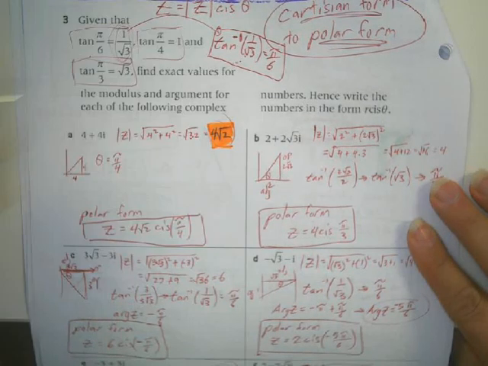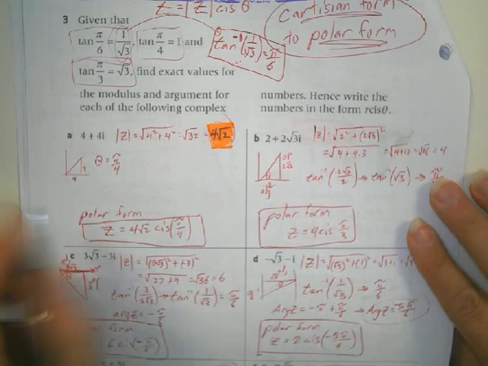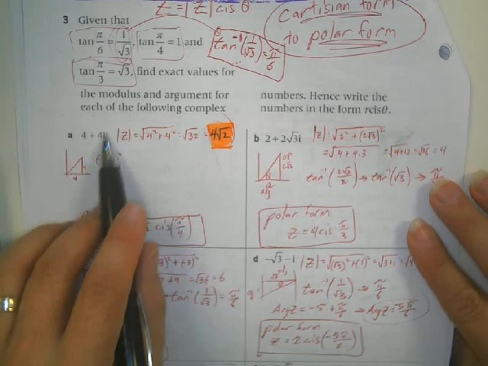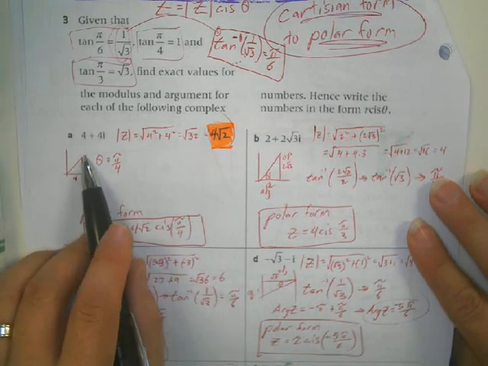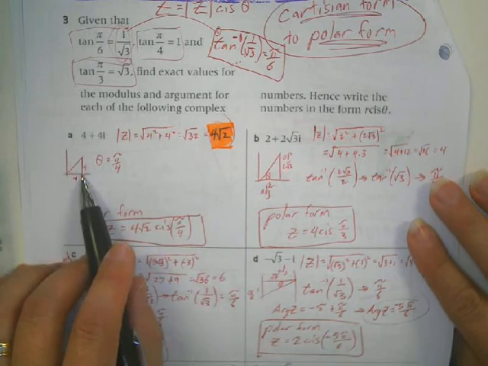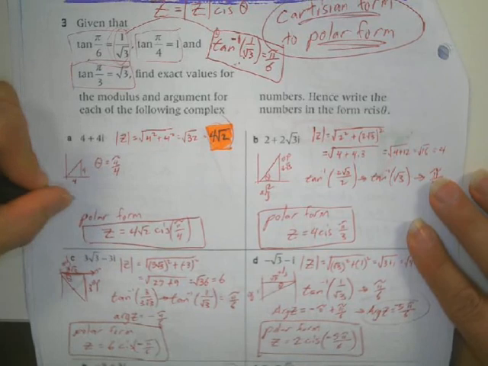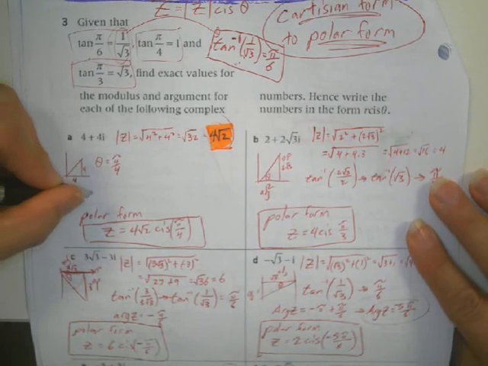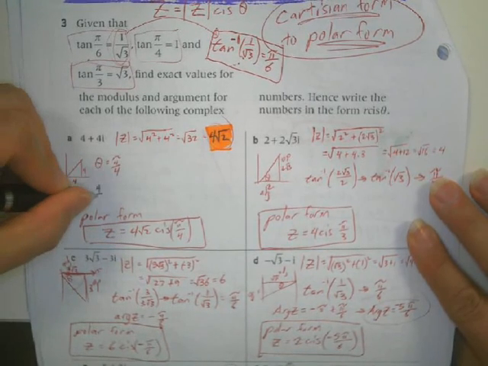But to find the angle, on this one here, if I go over 4 and up 4, you should recognize that's going to give me a tangent equals 4/4, which gives me 1.